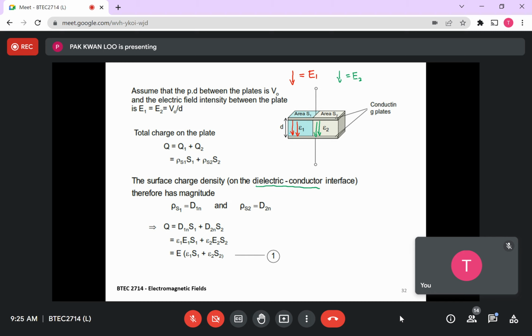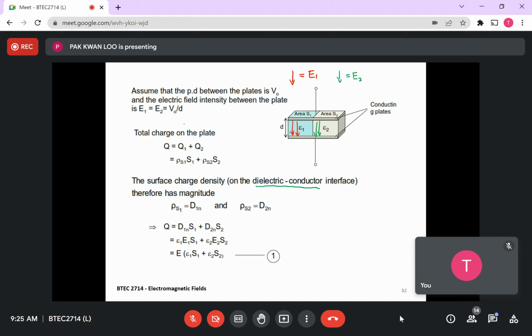here we relate E1 and epsilon 1 with Q now. But bear in mind the electric field for these two areas is equal to the potential divided by D, right?